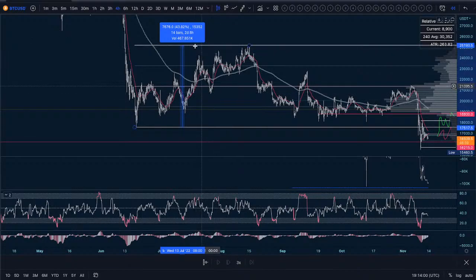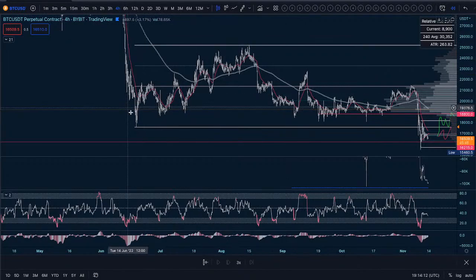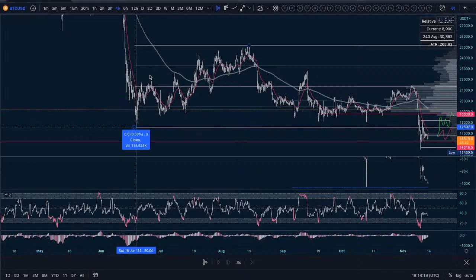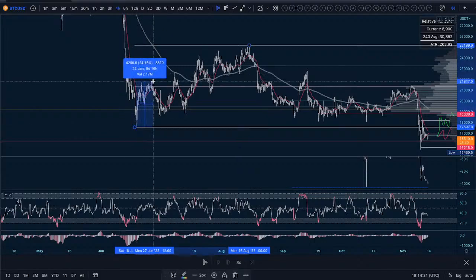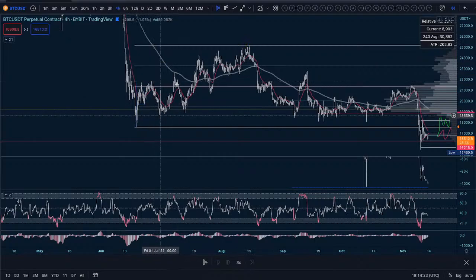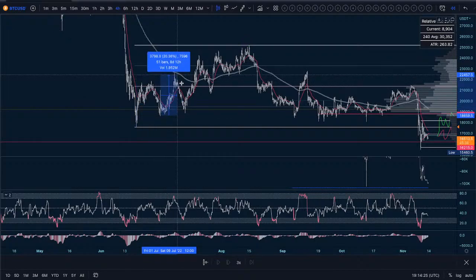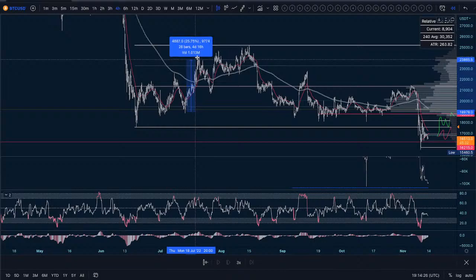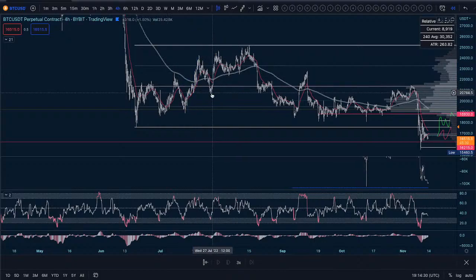Not too many though. I usually use ATR for these things. Or for example, you can do this: since this range was defined by this move to there, you can just say, okay, this was a 20% move, this was a 20% move, this was a 27% move.